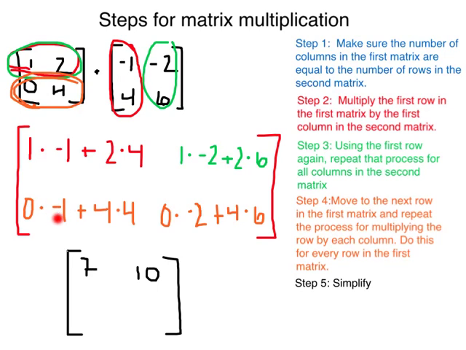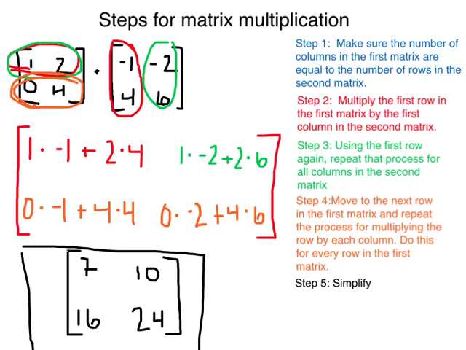Here we've got 0 plus 16 would give us 16. And then here, right here, we have 0 plus 24, which is 24. So there is our final answer to the matrix multiplication. It's a matrix that is a 2 by 2 matrix, and it is 7, 10, 16, 24.